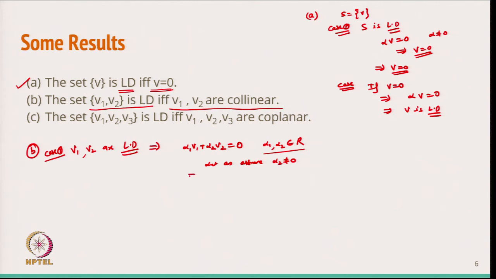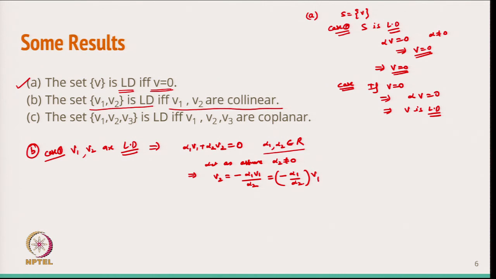So, from here I can write V2 is minus alpha 1 V1 divided by alpha 2. So, this one I can write as minus alpha 1 over alpha 2 times V1.